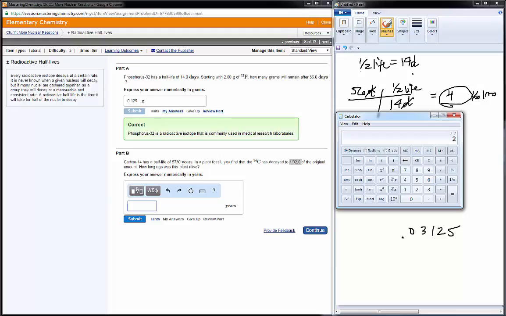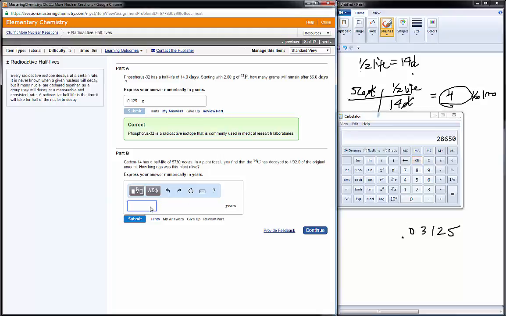Here's 1 half-life, 2 half-lives, 3 half-lives, 4 half-lives, 5 half-lives. Took me 5 half-lives to get to 0.03125. So 5 half-lives means 5 times 5730 years. That's 28,650.